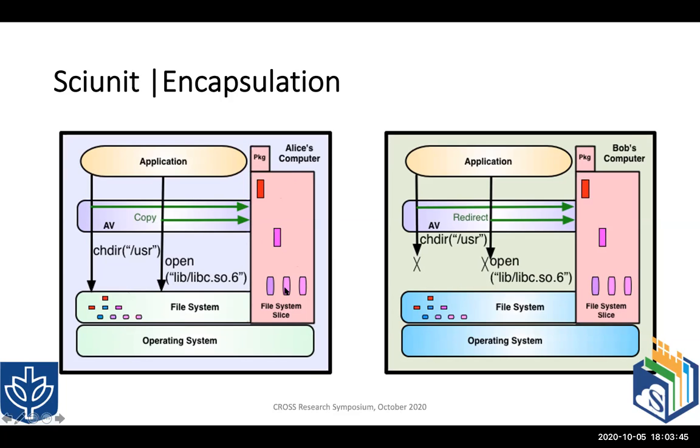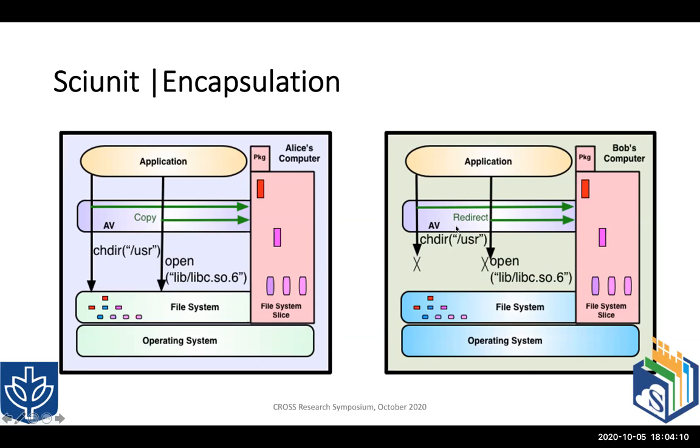So you get an encapsulation of the application, and then this encapsulation can be moved on to Bob's computer, for instance, and a simple replay of that application is done by redirecting the calls, again observing the calls that are being made to the target file system and the target OS of Bob's computer.